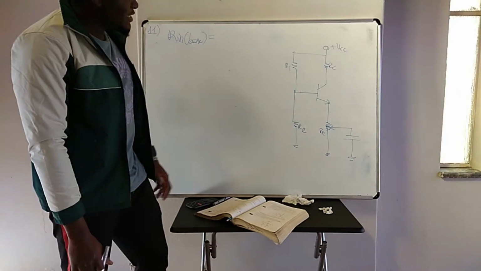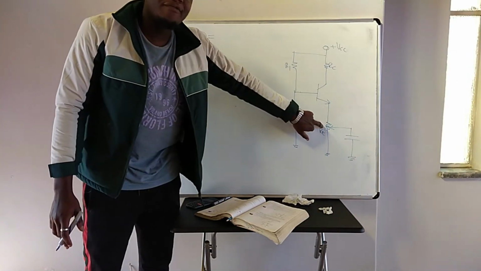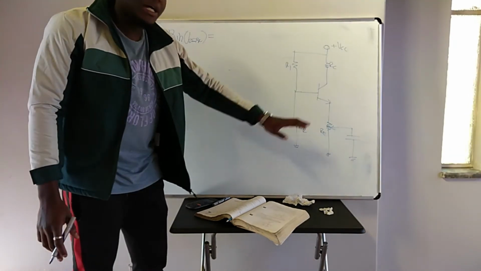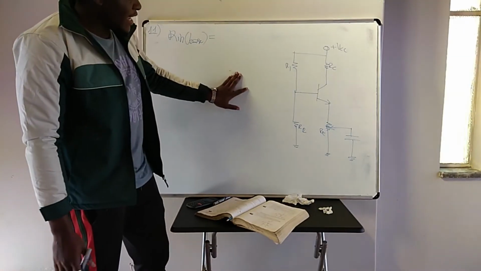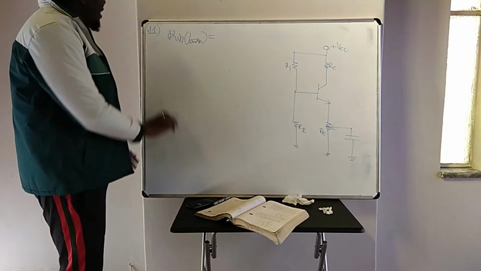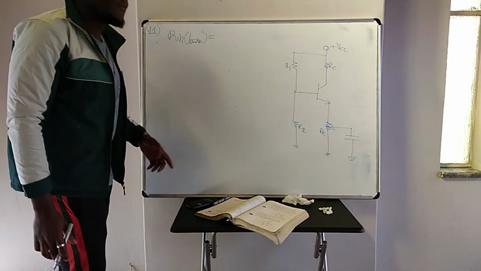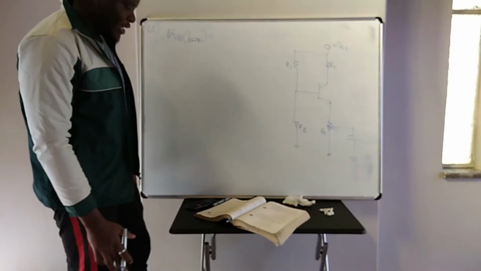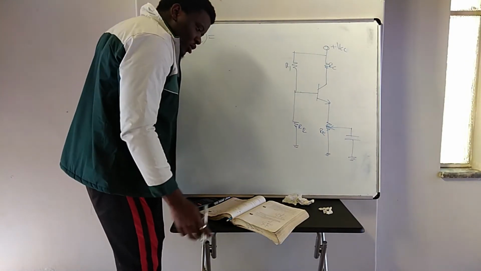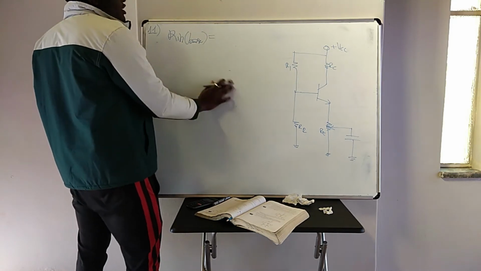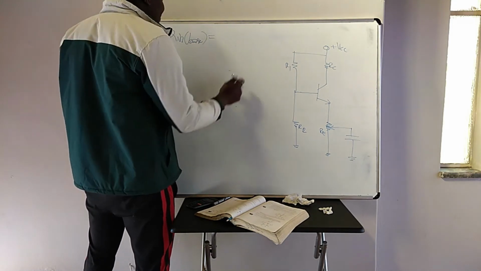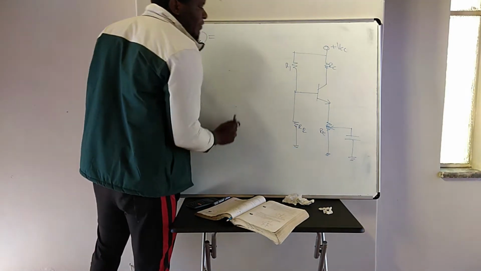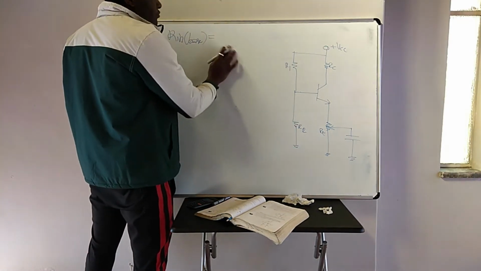So we can't say that only half of RE is bypassed or the other half is not bypassed. So in this figure we're going to solve it the way we solve question number 10, because we're going to talk about maximum. So now it's like the capacitor bypasses RE.